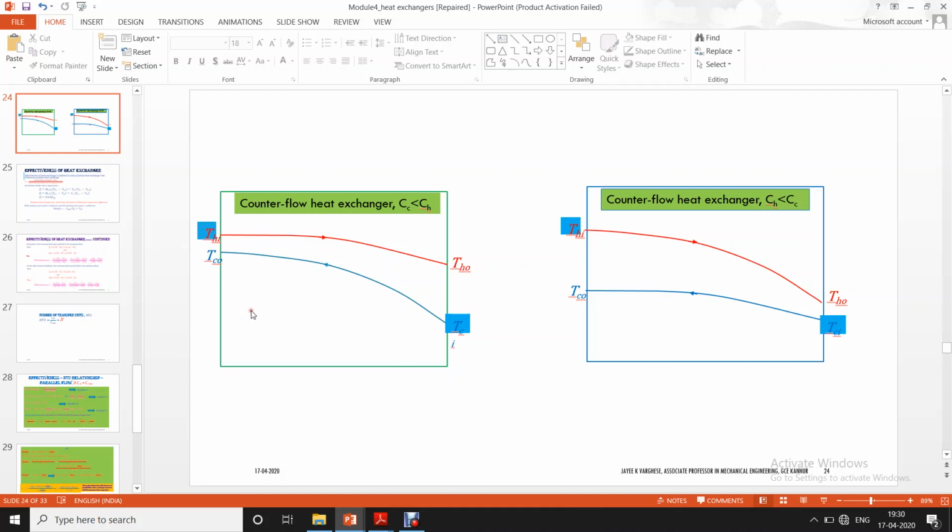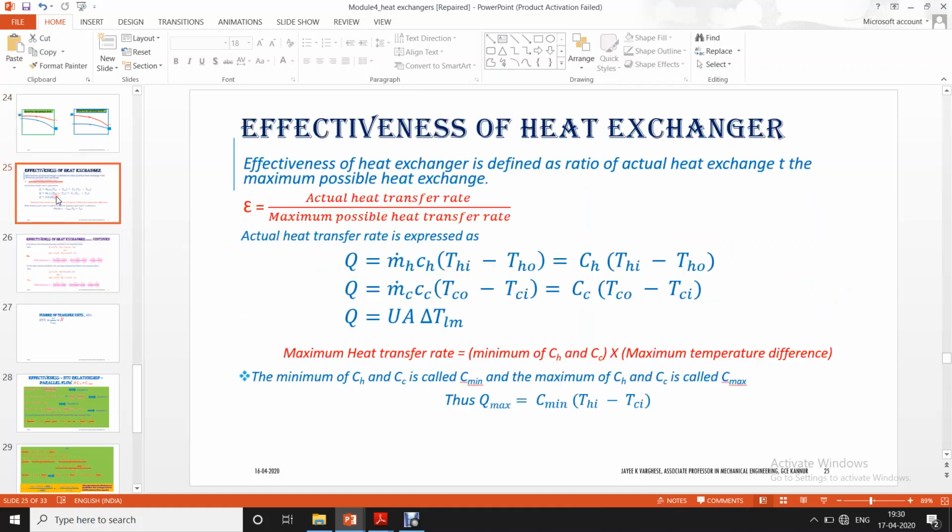Now we know that the heat transfer is given by Q is equal to m dot CH into THI minus THO. That can be written as capital CH into THI minus THO, which is also the same as CC into TCO minus TCI.